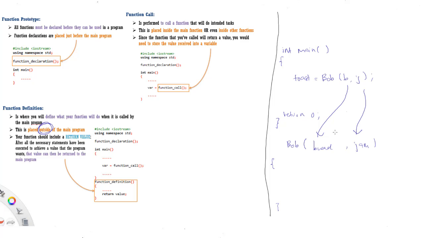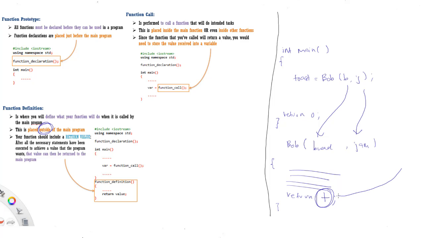So since Bob has received bread and jam, it will do whatever it needs to do. You write whatever you want to do, and then in the end it will return the toast back to you. So let's say Bob just calls it tea. It will return this tea back to the person that calls it. So who calls this? The main function called it.